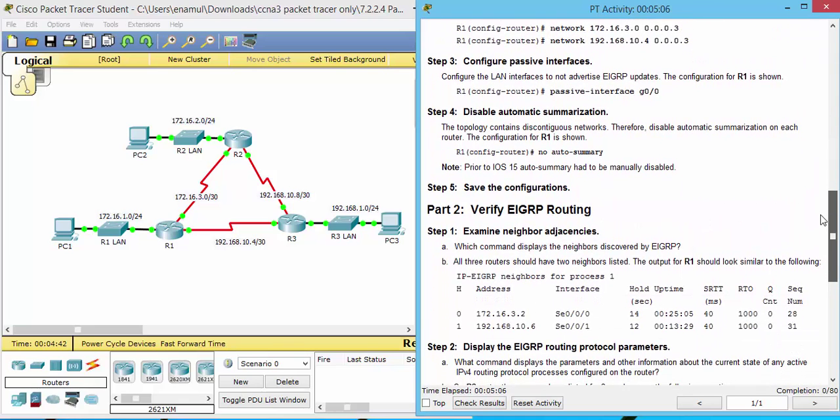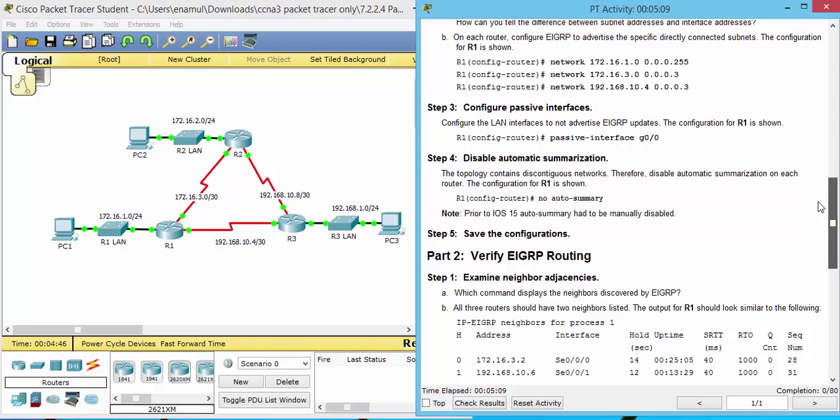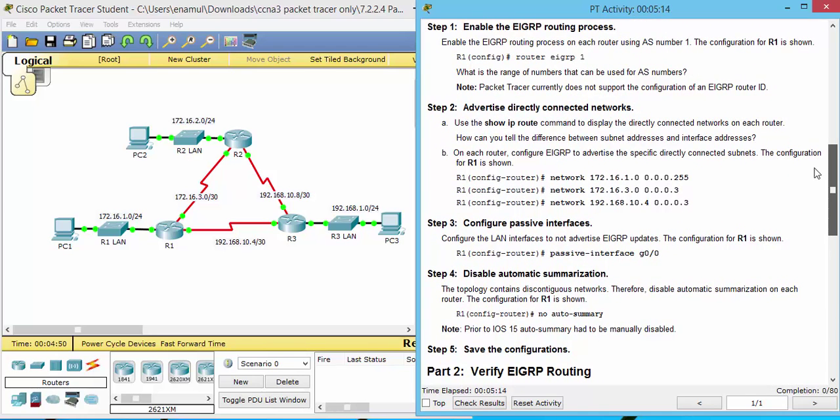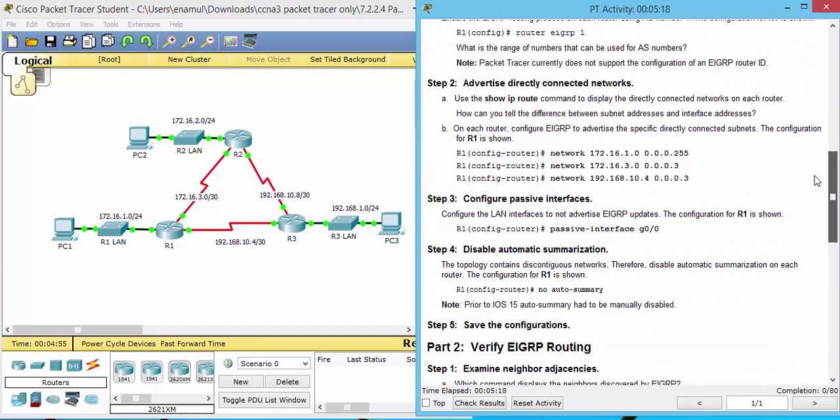I will discuss neighbor adjacency, passive interface, directly connected networks, and the EIGRP command.